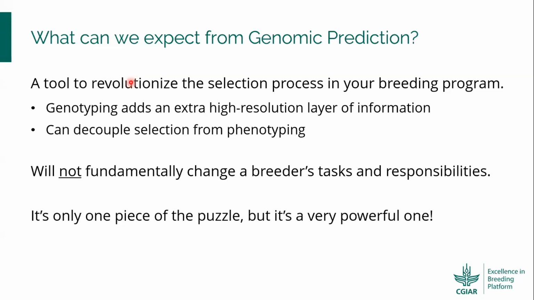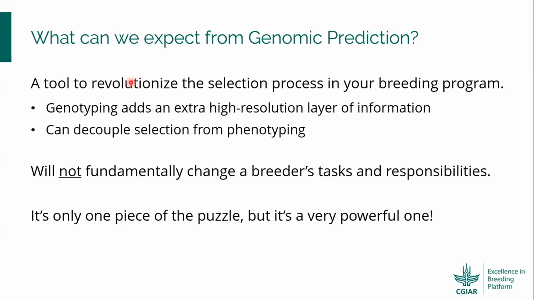Like I said, in a modern optimized breeding program, really the only thing that would change for the breeder is the time when they are making the decisions. Some of the decisions will happen earlier or later, but really, genomic prediction shouldn't change that much.